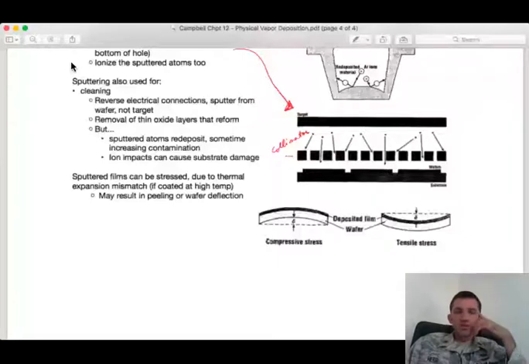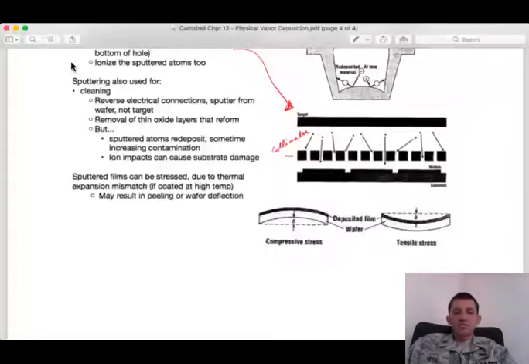Also, my last note here is that if I'm sputtering a film onto a surface, now I have an interface between two layers, and these layers have different, say, mechanical properties, different coefficients of expansion. If I'm depositing them and I'm heating the wafer, and the metal, say, is cooling more rapidly, I can have expansion or contraction of the various films later on, after I've deposited and cooled everything down.